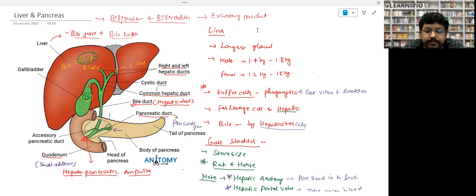These are excretory products, produced due to breakdown of RBC.